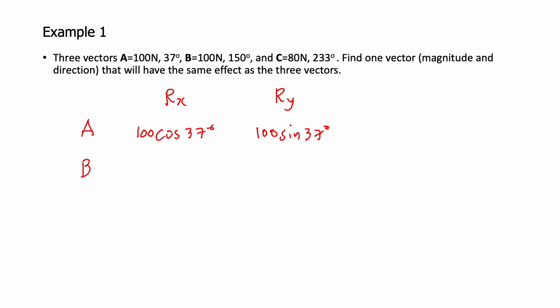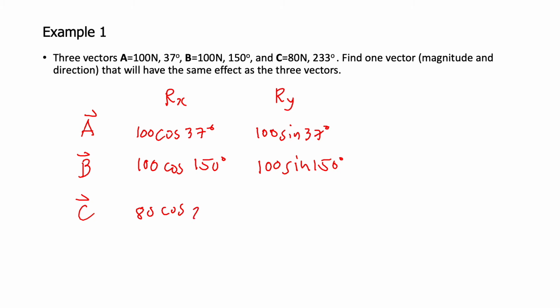For B, same thing: 100 cosine 150 degrees, and 100 sine 150 degrees. And for C, 80 cosine 233 degrees and 80 sine 233 degrees.